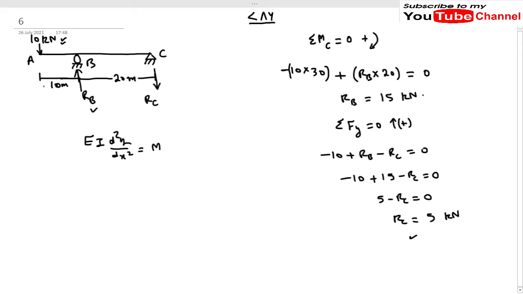In our previous problem we discussed a cantilever beam like this, where the UDL is acting over the whole span, so the bending moment varies continuously from this point up to the fixed end. But in our current problem, the bending moment between A and B will be minus 10 times x, but as we cross this support B, the bending moment will change because the reaction will also come into play.